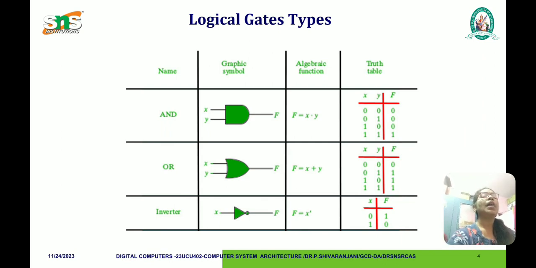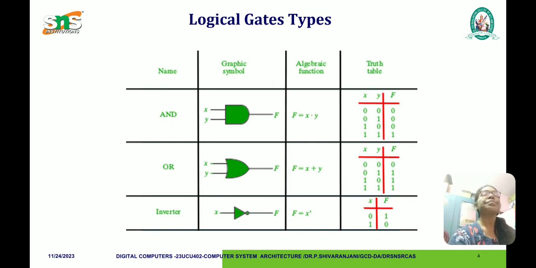So in the case of X is equal to 0 and Y is equal to 0, the value of F will be 0, whereas for 0 1, we have the output as 1, and 1 0 and 1 1 will have the output as 1. That is, if any one input is 1, then the corresponding output will be 1.